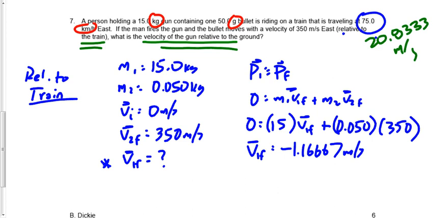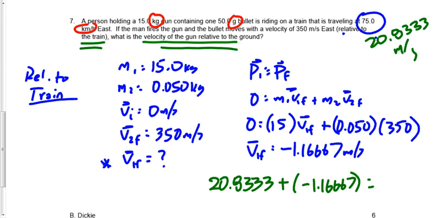The walkway is moving at 20.833 meters per second, but the gun is moving the other way. It's like me going the opposite way on the moving walkway, right? So I have to add the negative value. The negative 1.1667 gives me a value of 19.7 meters per second.